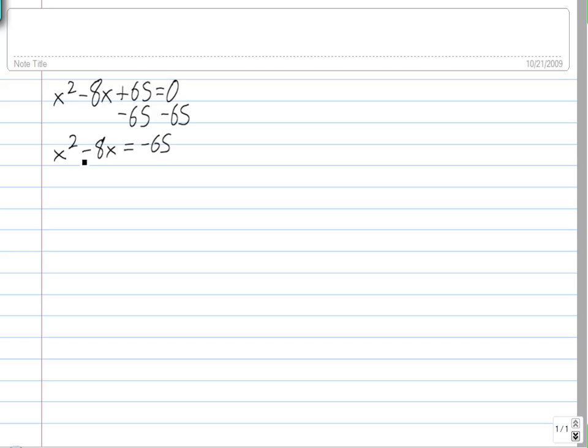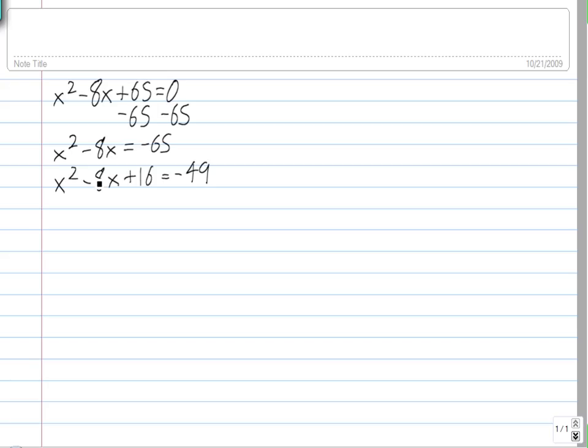Now you need to take half of this middle term, which is negative 4, and then square it, which would be 16. So add 16 to both sides. Negative 65 plus 16 gives us negative 49.